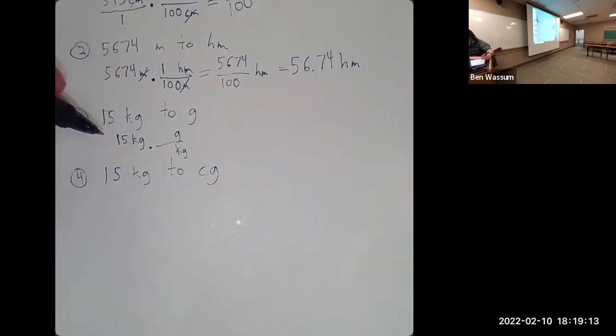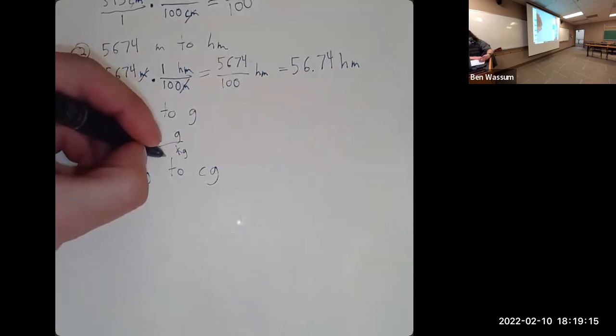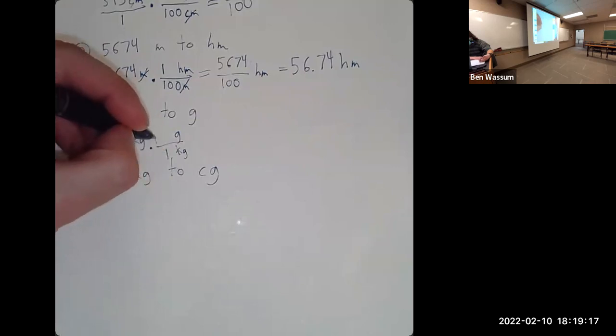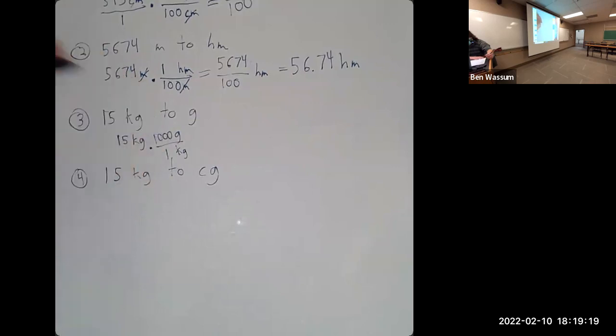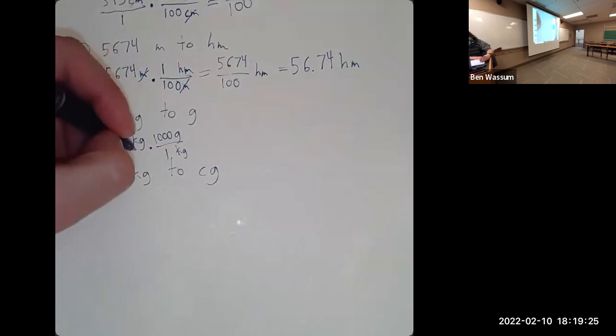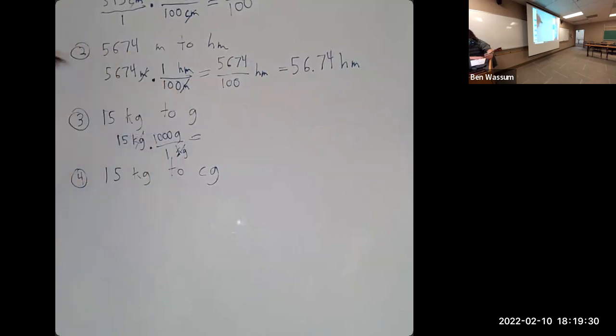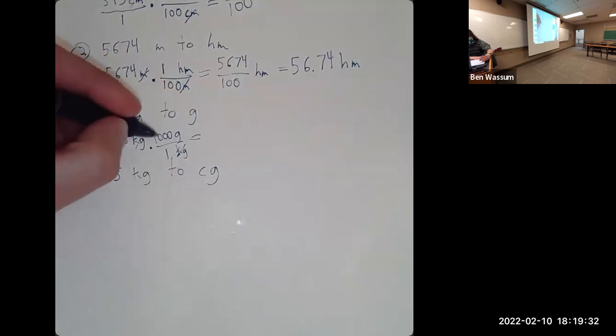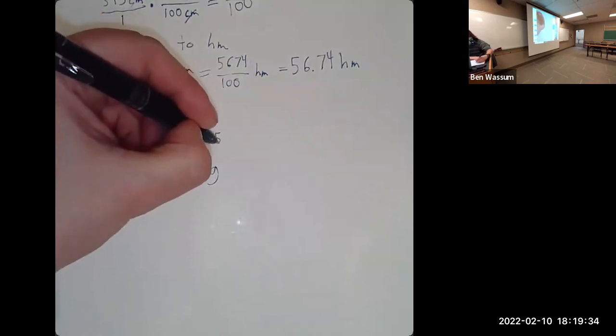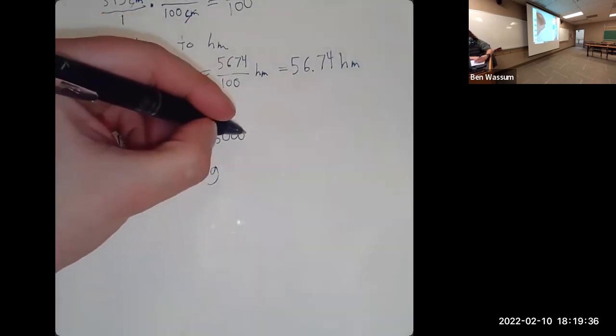Kilo means 1,000. So 1 kilogram is 1,000 grams. Kg cancels out. My units are now left with a G, so we're in grams. 15 times 1,000. Guess what that's going to be? 15,000 grams.